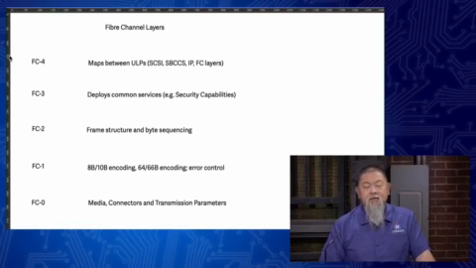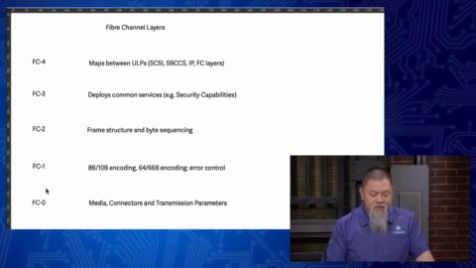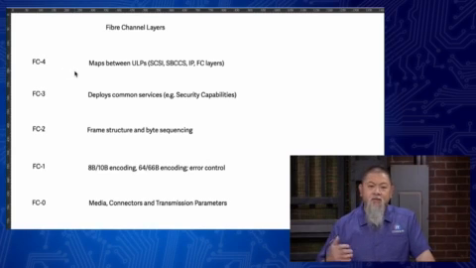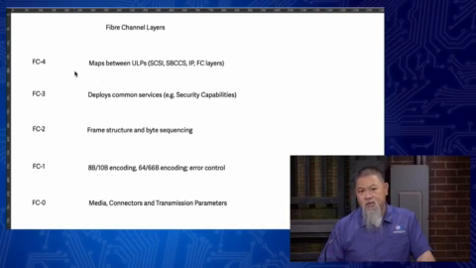Instead, we have Fiber Channel layers, FC0 all the way through FC4. Each of these layers is important in that it does follow what the OSI model would be, but it's not exactly as neat and structured as the OSI model.